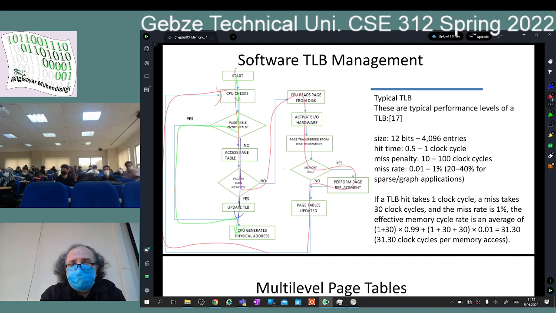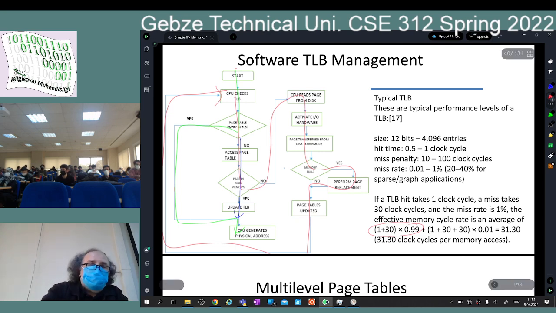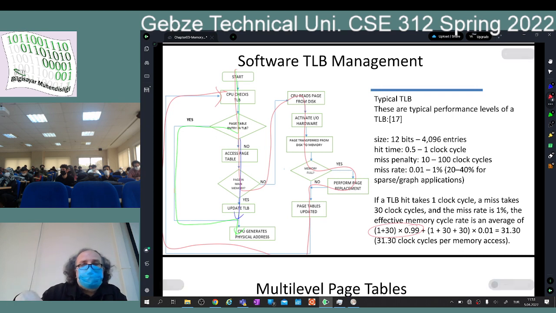So I am lucky that 99% of the time, this will be my effective memory access time. To access the memory, I need to spend 30 clock cycles anyway, so I am going to add one more clock cycle for the TLB lookup.